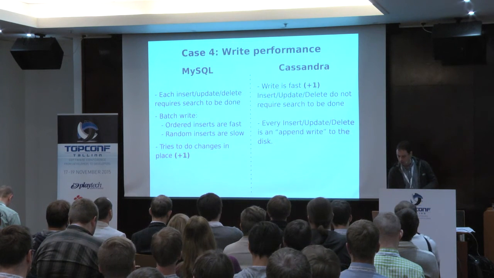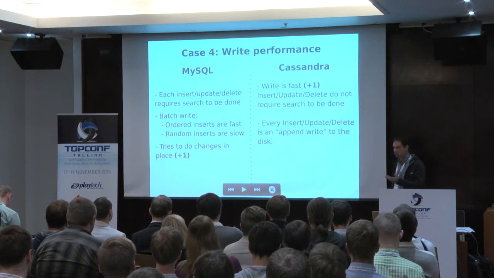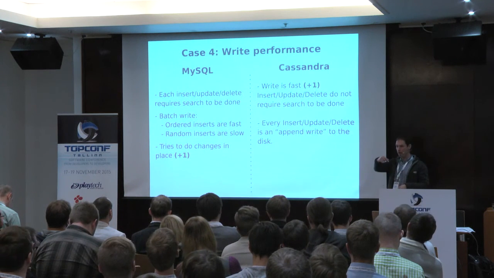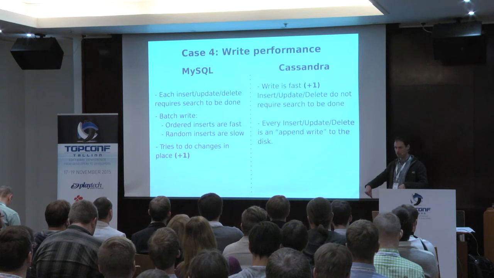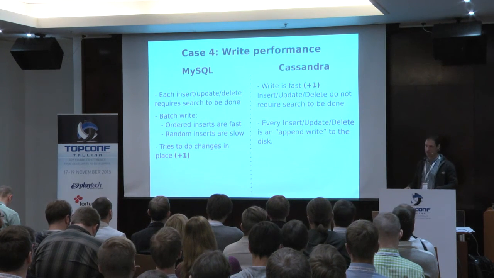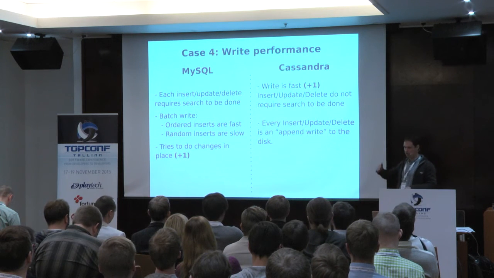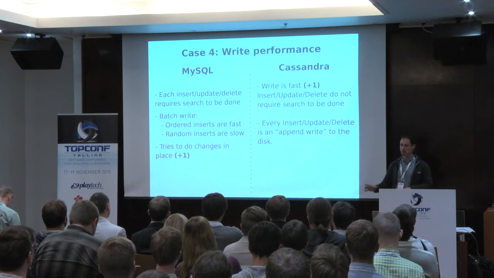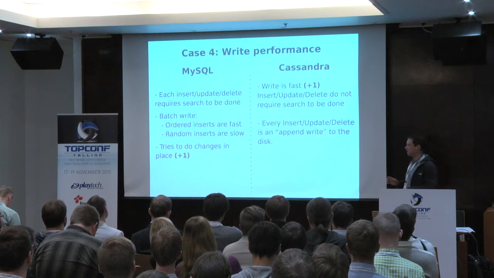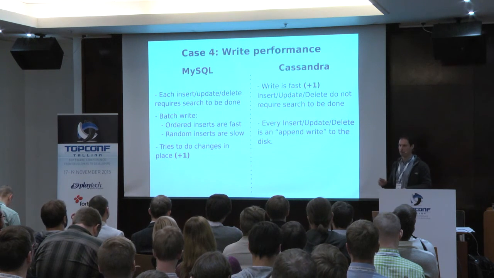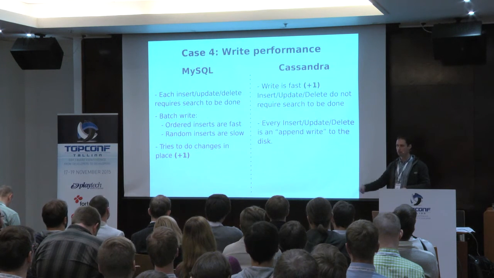In contrast, in Cassandra, as we have seen, it doesn't perform any lookups for our previously written data. If it exists or not, Cassandra doesn't care about that. It just performs very simple append-only writes. And that's why Cassandra is very fast in performing write operations.